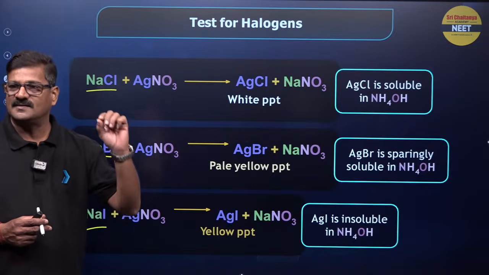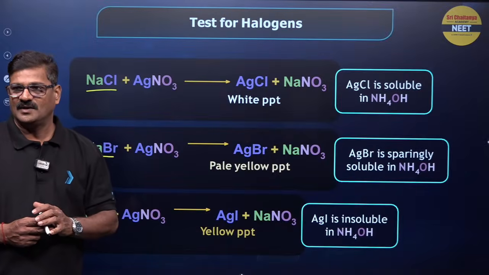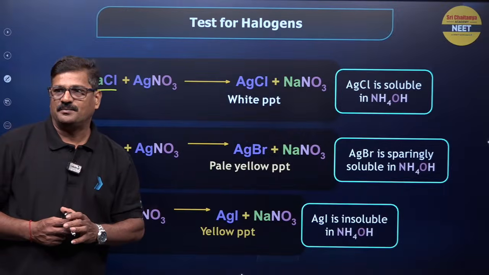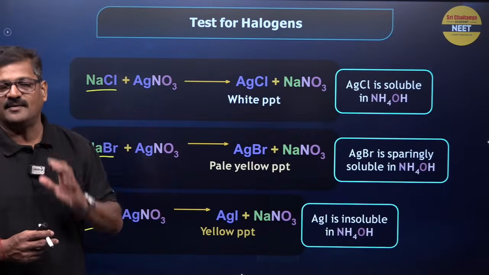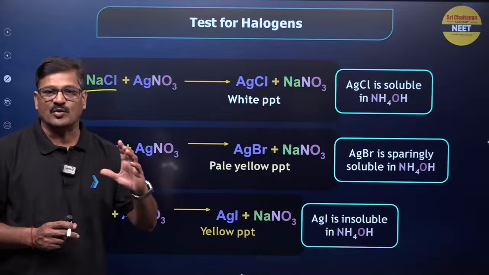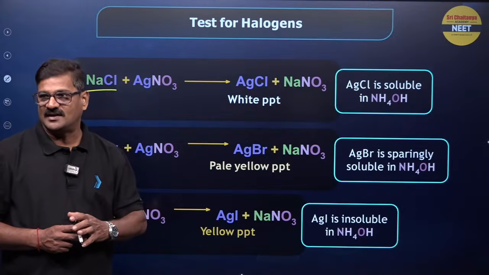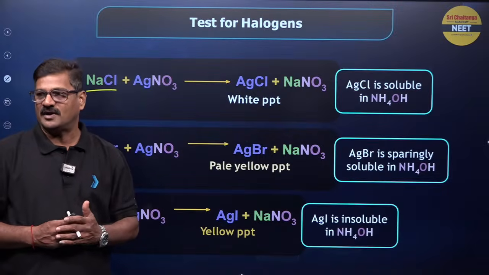So it indicates chloride is present. If it is a pale yellow precipitate, partially soluble in ammonium hydroxide, it indicates bromine is present. If it is AgI, a yellow precipitate, it is insoluble in ammonium hydroxide.